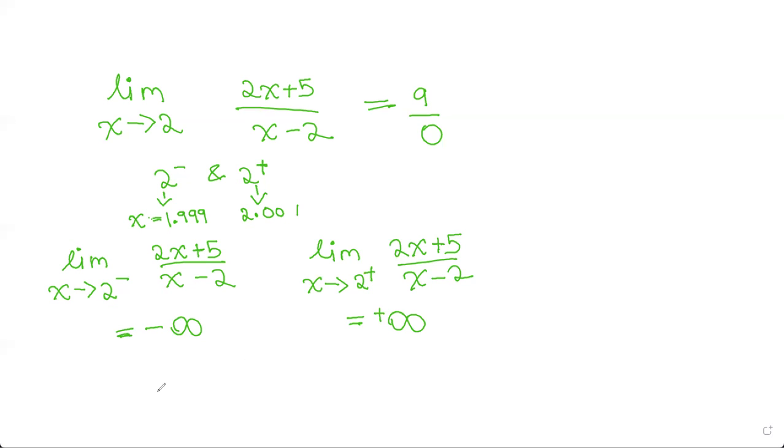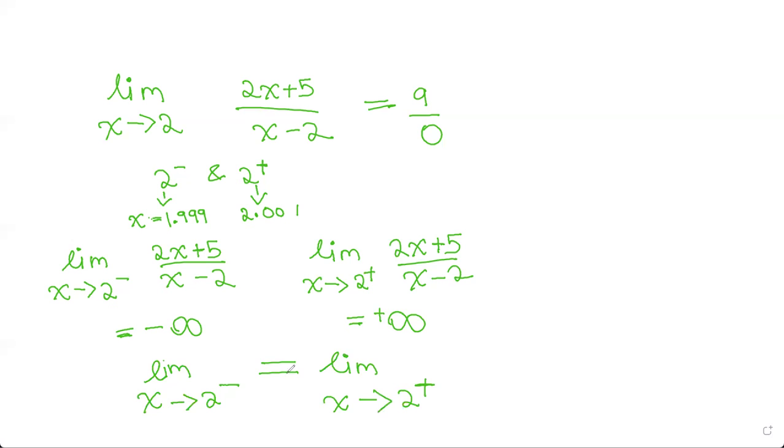And this is negative. So we know the limit as x tends to 2 minus of this is negative infinity, and as x tends to 2 plus it is positive infinity.